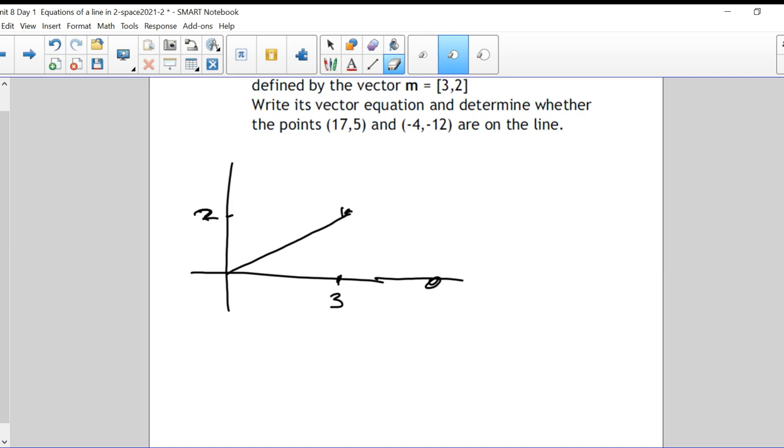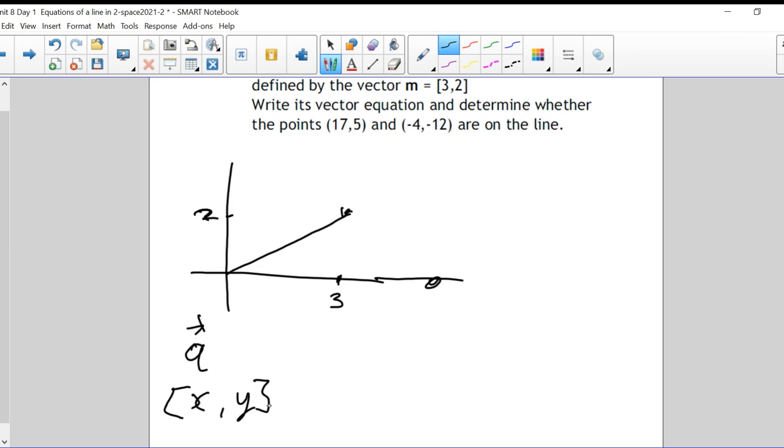Now, to write the vector equation, the way it's normally done is one of two things. You can use any letter you like. We'll use, I don't know, we'll use Q. Some people put the brackets x, y to represent the vector. Either one is going to be a vector, right?